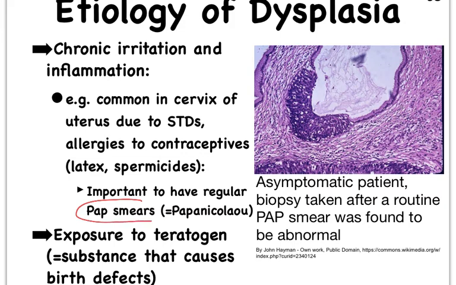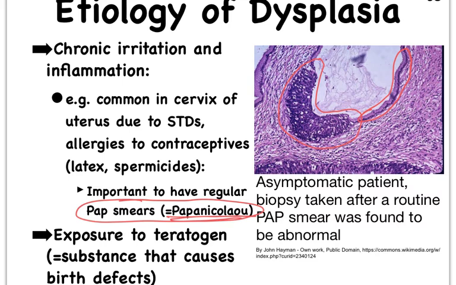I'm hoping all of us girls are doing that, named after Papanicolaou, in order to make sure that the cervix cells look healthy. And clearly here, this person, an asymptomatic patient, went in for a regular yearly pap smear, and clearly we see that there are irregular looking cells. Here are the normal looking cells. So very different looking cells there.